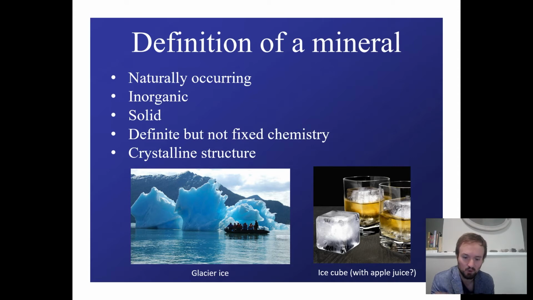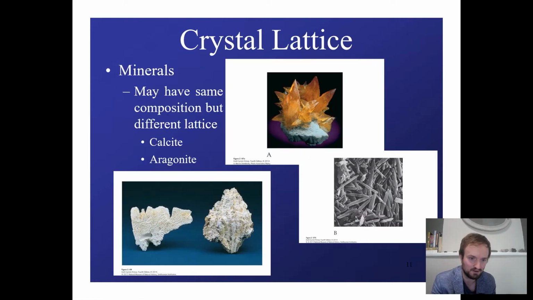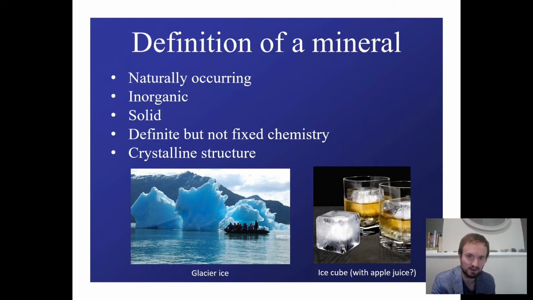So if we go back to this here, one of these sodiums could be potassium in a million. One in every 1 million sodiums could be potassium, and it would still be halite. So it doesn't have to be fixed. It doesn't have to be an exact sodium chloride all the way through. It can have a little bit of different changes here and there.